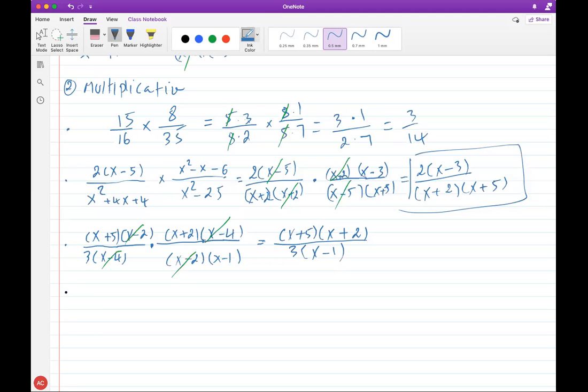Let's do one more example with just some monomials, not all these trinomials and binomials. Let's say 14, and maybe you want to multiply this by some other expression.